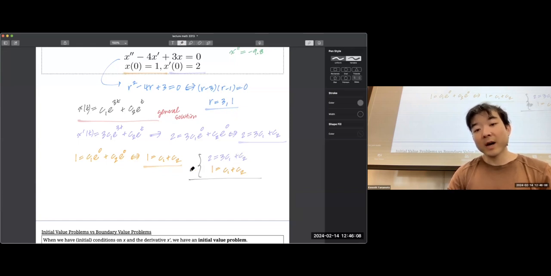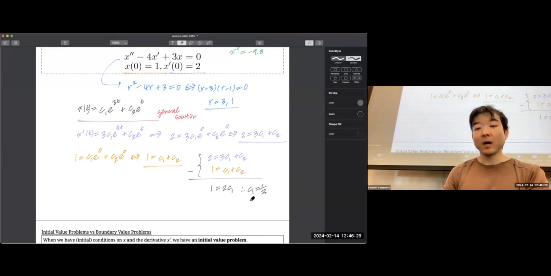Why don't I subtract them? I'll say this purple one gets subtracted by this orange one. So 2 minus 1 is 1, which is equal to 3C1 minus C1, which is 2C1. I subtracted so that the C2s go away. So this gives you that C1 is equal to half.